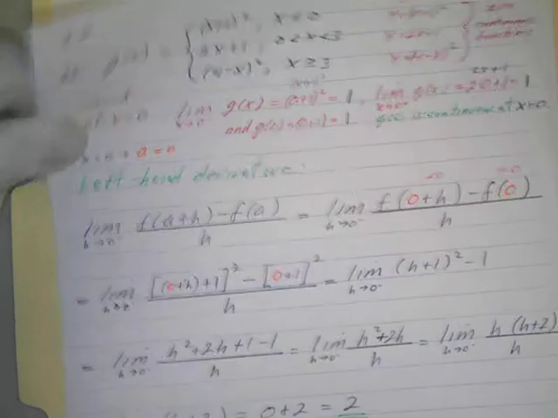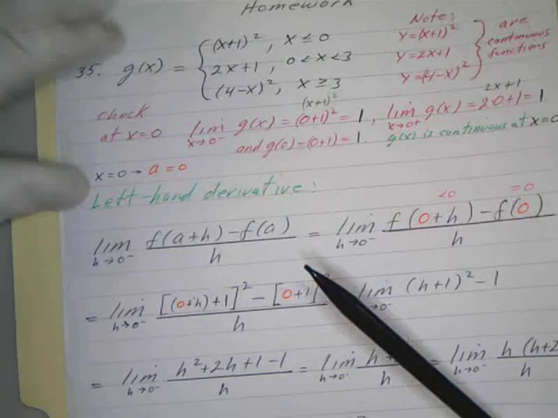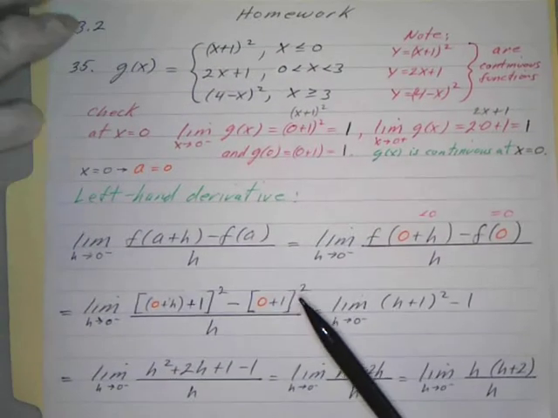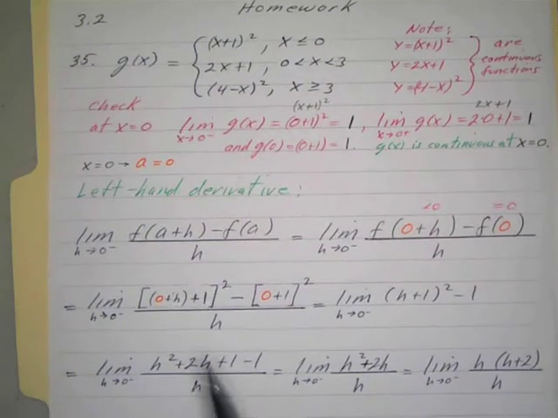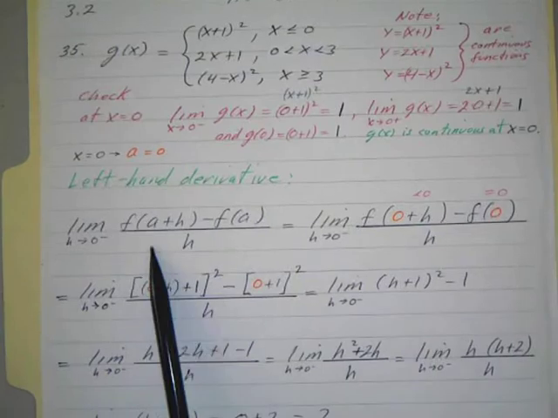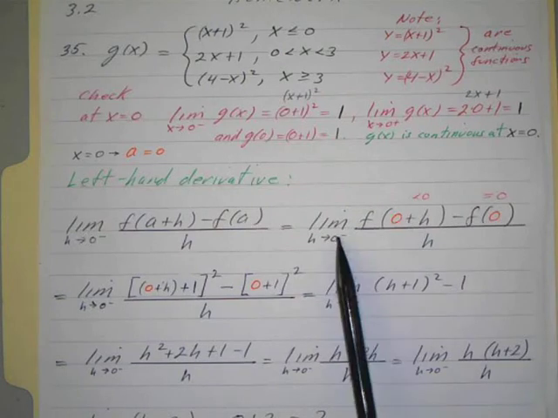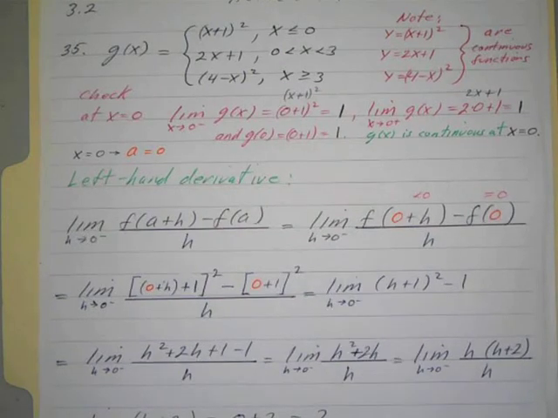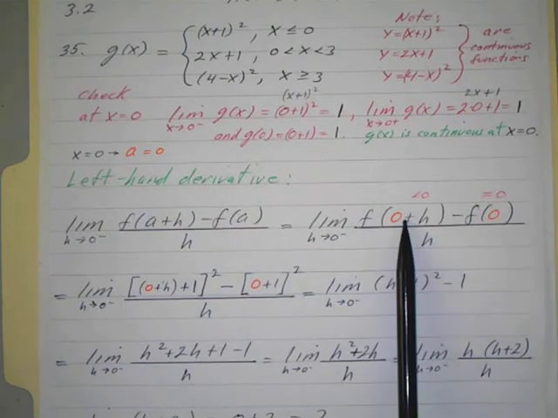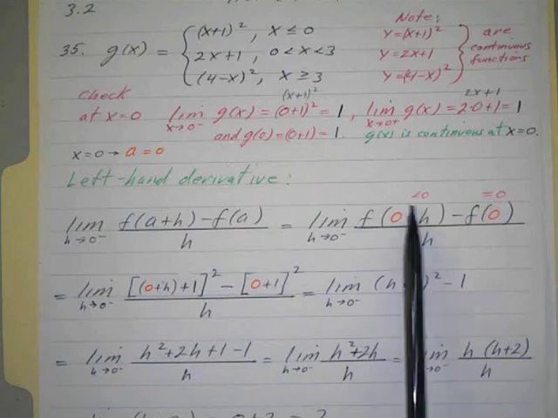And again, I'm just going to be using these top two functions because I'm going around 0. Then we'll get to the other functions when we check the other junction point. Okay, so the left-hand derivative. Again, I have my formula for the derivative at a point, and my point in this case is 0, so I put 0 in for a. Since h is negative, as h approaches 0 from the negative direction, I'm adding a negative to 0, which puts it to the left of 0.